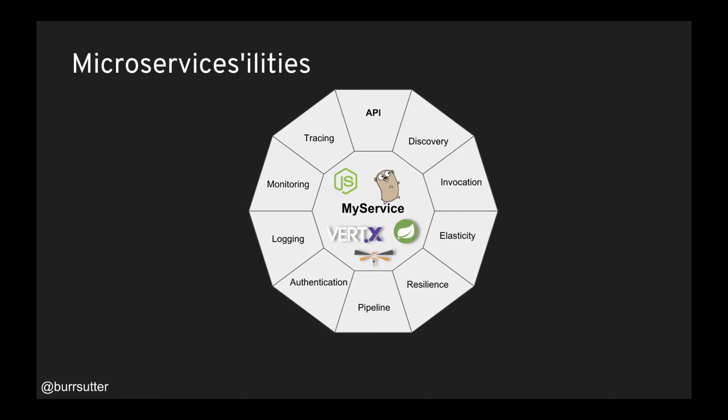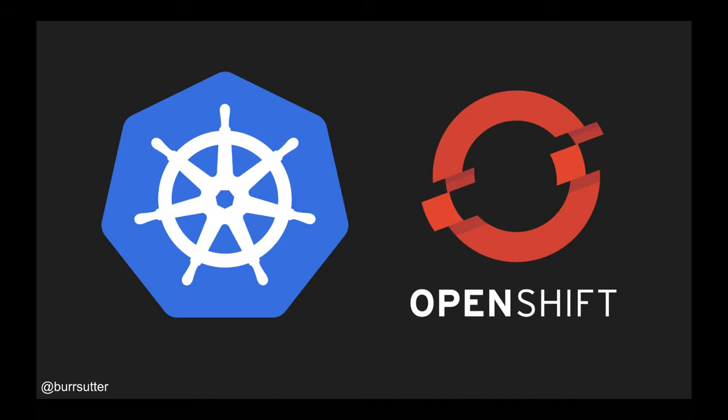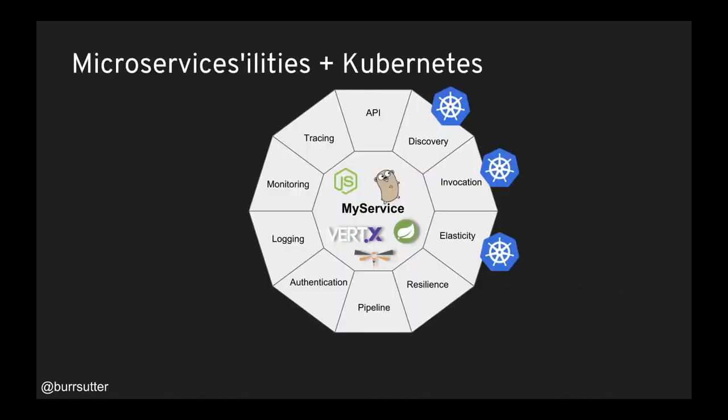So where are these facilities coming from? Where do we get them? Well, when you run on containers with Kubernetes, or if you're using Red Hat's version of Kubernetes, which is OpenShift, then many of these capabilities come from them. So Kubernetes makes it easier for services and applications to discover each other, and also easier for services to call each other within the cluster.